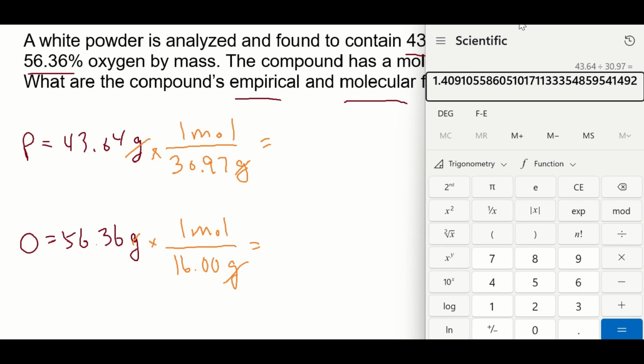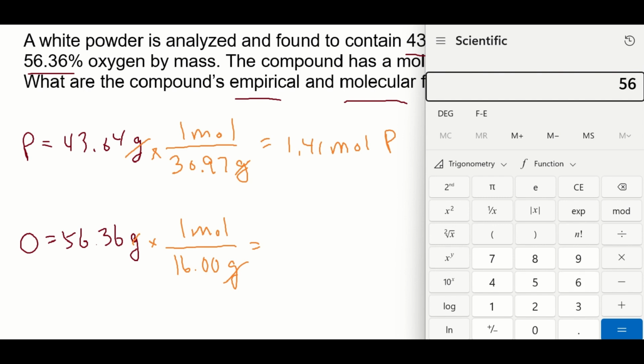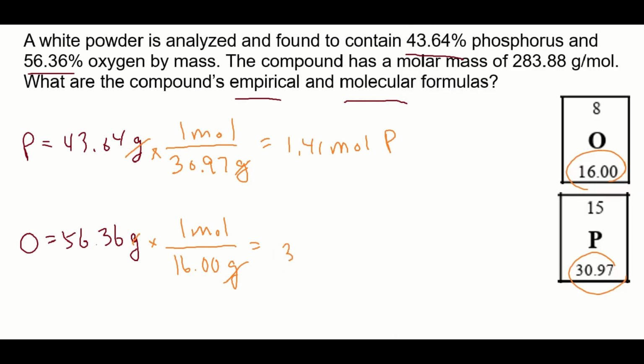So in 100 grams of this compound, we have 1.41 moles of phosphorus. And we have 3.52 moles of oxygen.